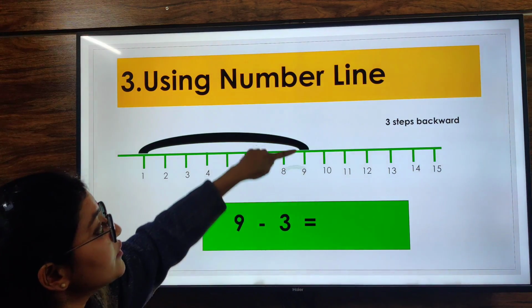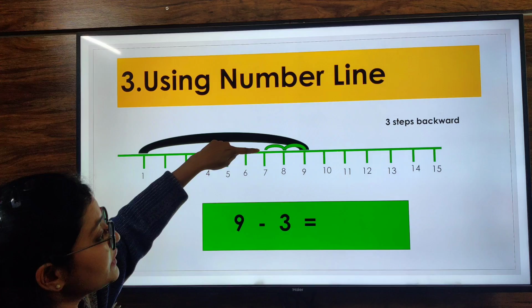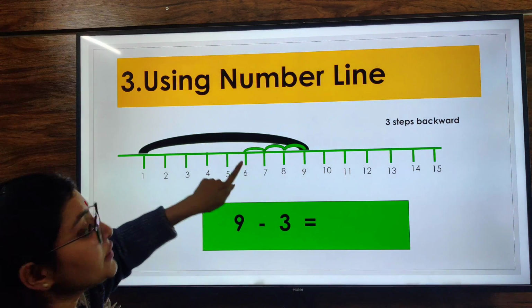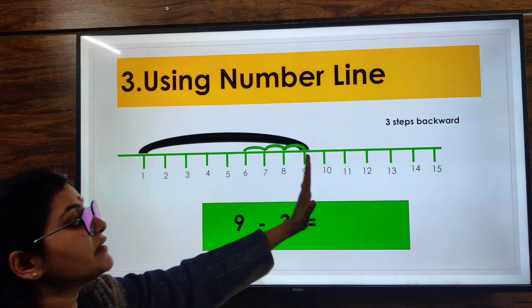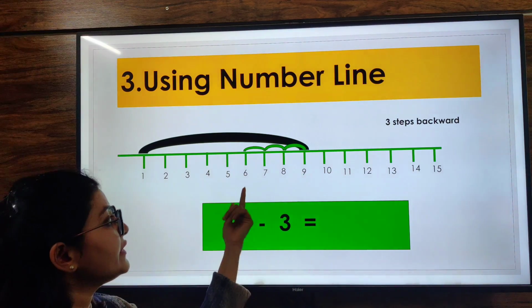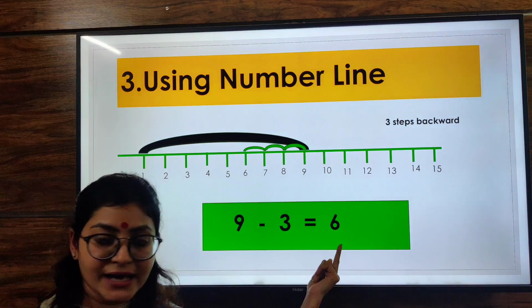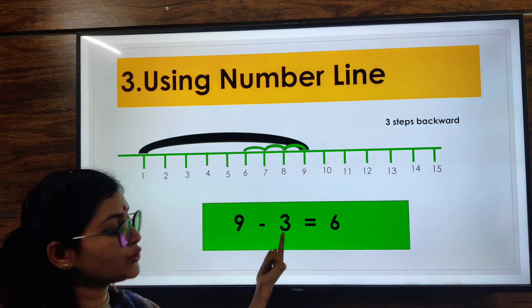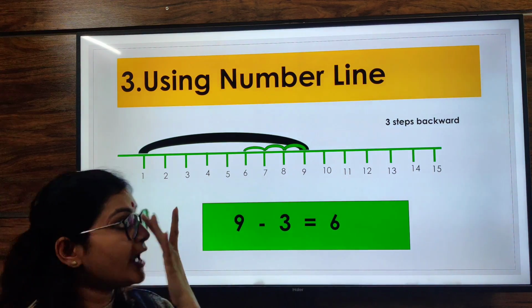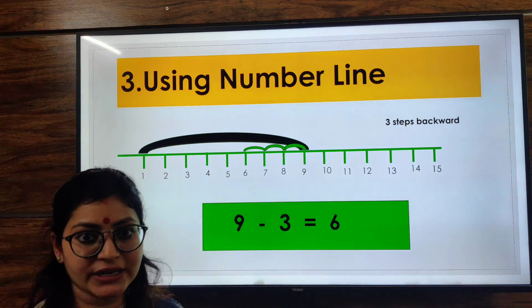First backward step, second backward step and third backward step. After 3 steps backward from 9, I reached number 6. That is my answer. So 9 minus 3 is 6. I am sure this method of doing subtraction is also clear to you.